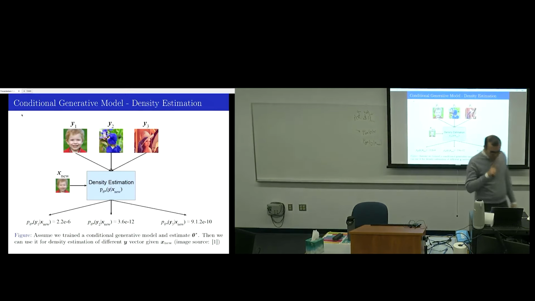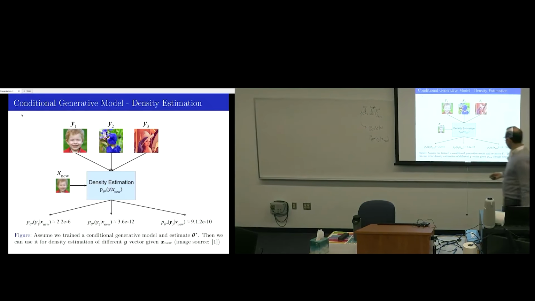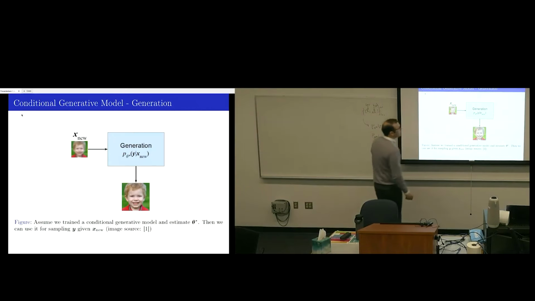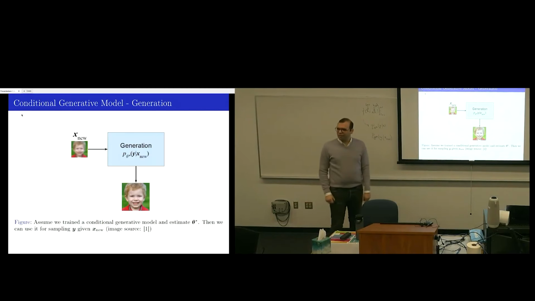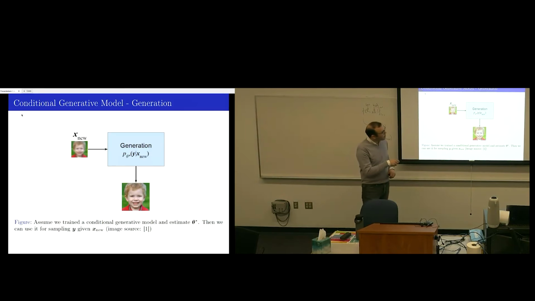So this is just the density estimation task. This is generation. For example, as you see, I write here theta star. It means that we have a trained model, finished. We do not know how, but we have a trained model. If you give it a new X, what it generates is the high resolution of that X. It cannot generate, for example, faces of other people.